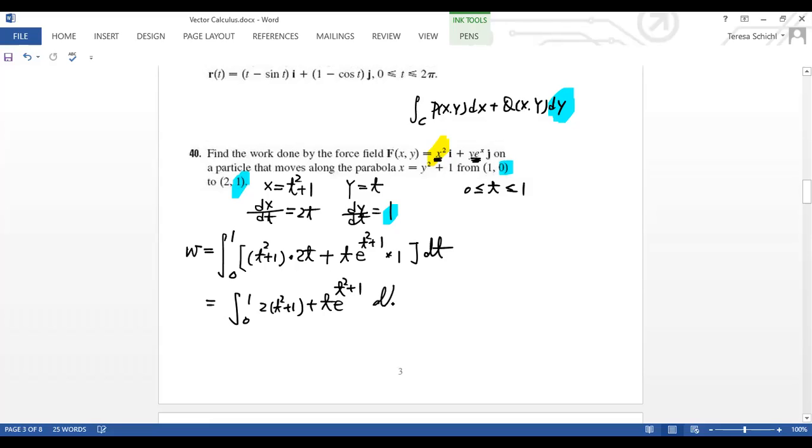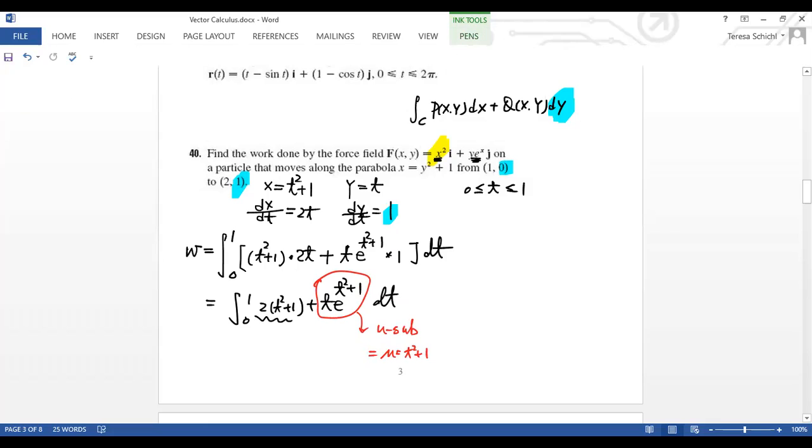This part is pretty easy, and this part is not hard, not too bad. For this part you do a u-sub, you set u equal to t squared plus 1, and then you'll be able to get the integration.